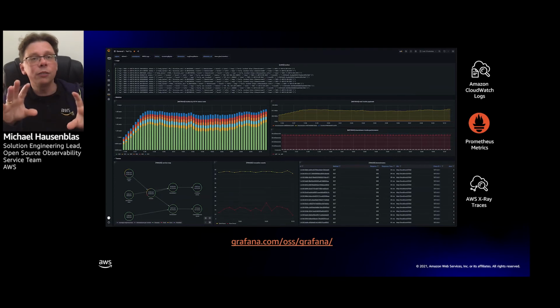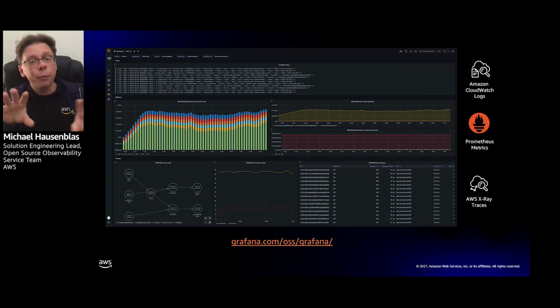And there you can already see this correlation of the different signal types. So, for example, due to the uniform interface that Grafana allows you to use, you don't need to know the different query languages like PromQL, for example, for Prometheus, to be able to select a certain time range or to filter for a certain attribute or for a certain tag.